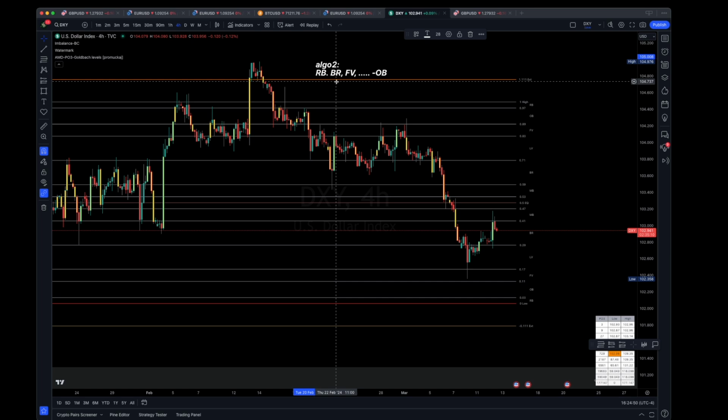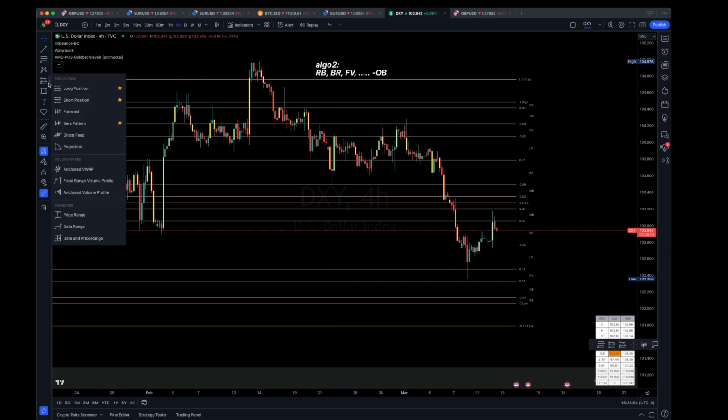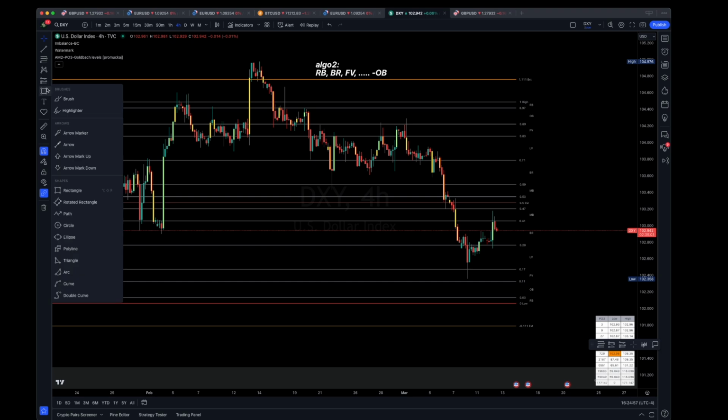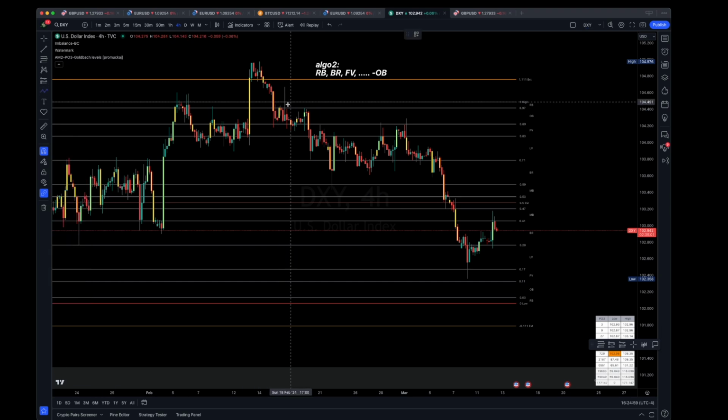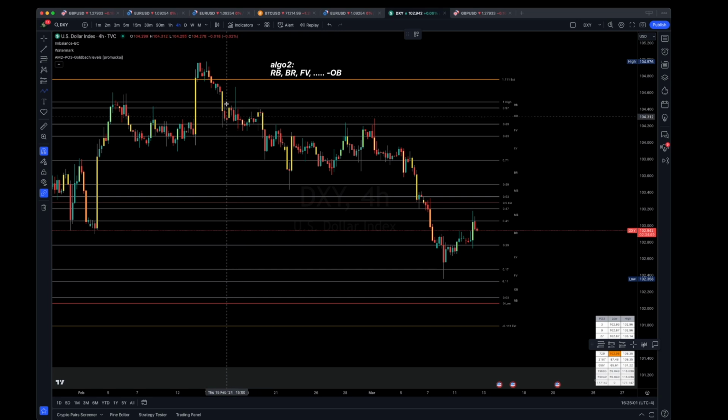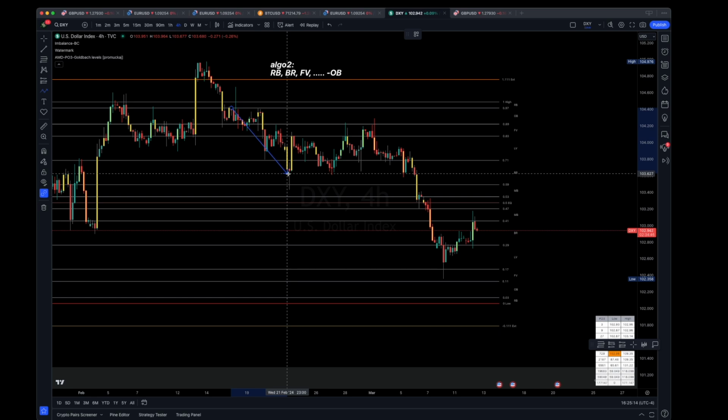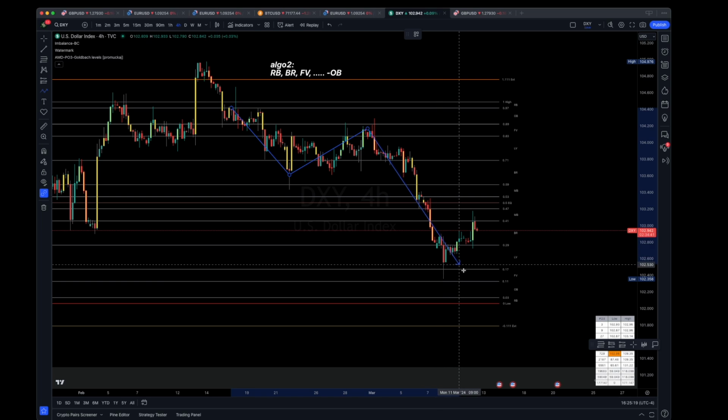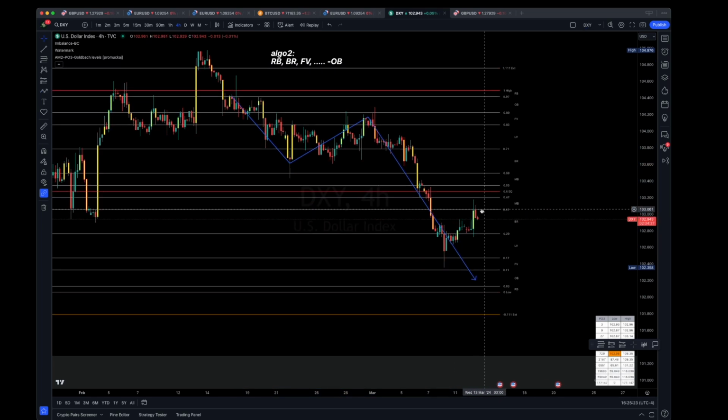Now it's a little bit difficult to see this, so I will give you a tip on how you can start noticing algorithms 1 and 2 running. Let's draw it out for you first. Algo 2 is rejection block, breaker block, fair value gap, and it should terminate at the opposite order block, which means we are expecting price to fall to at least 1.0233.